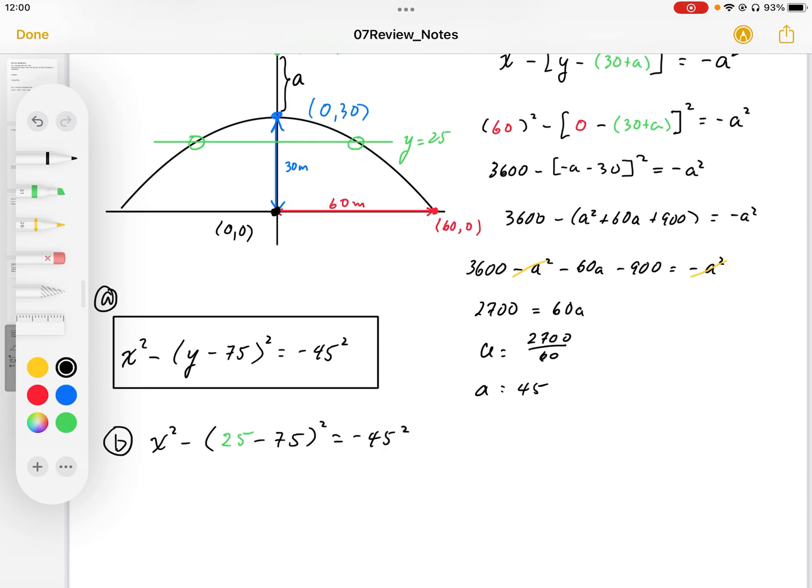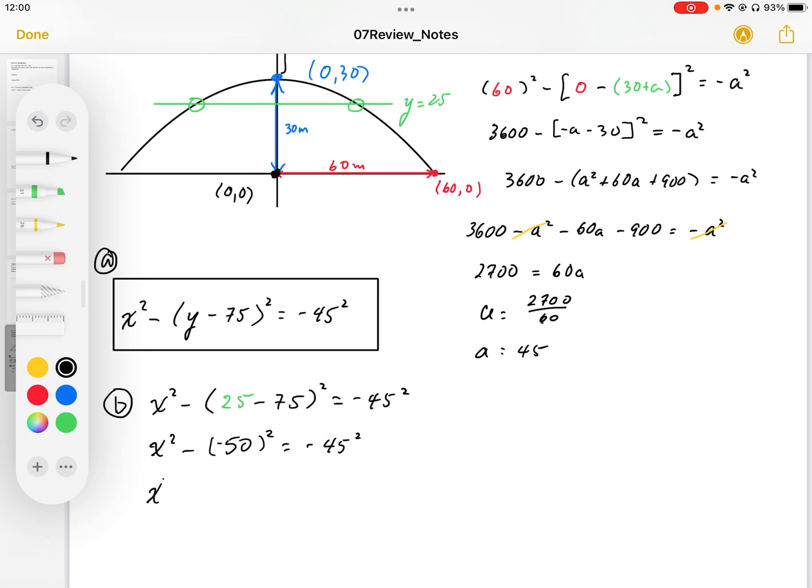Okay, so I'm going to expand this out. Well, I'm going to work this out. So x squared minus negative 50 squared is equal to negative 45 squared. So x squared minus 2500 is equal to negative 45 squared, and 45 squared is 2025.